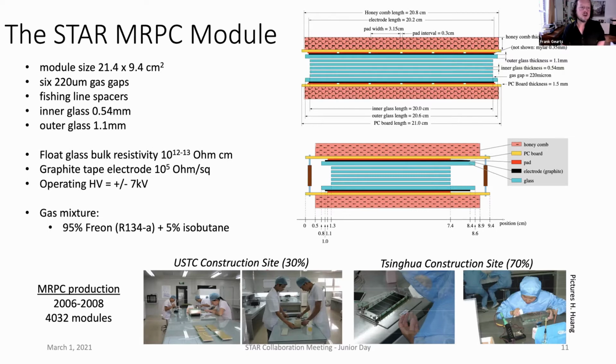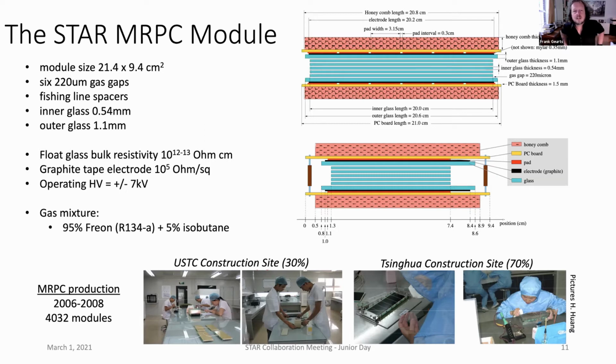We actually use float glass as the resistive plate. Float glass has a bulk resistivity in the order of 10 to the 12 to 10 to the 13 ohm times centimeters. And that is sufficient for the rate purposes in STAR.